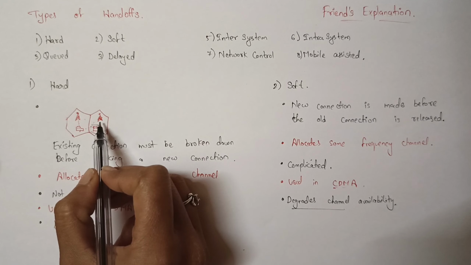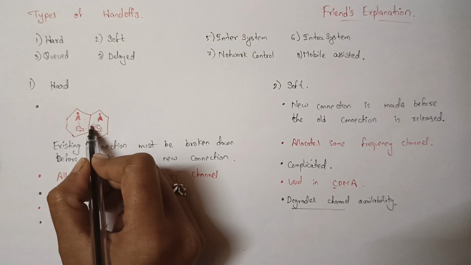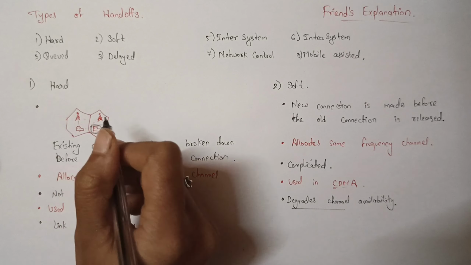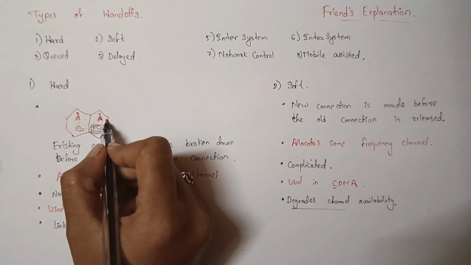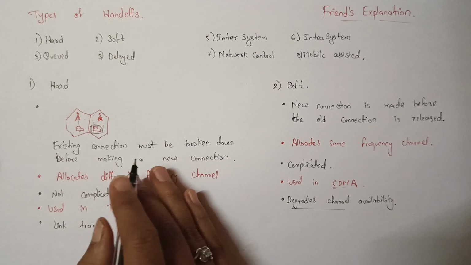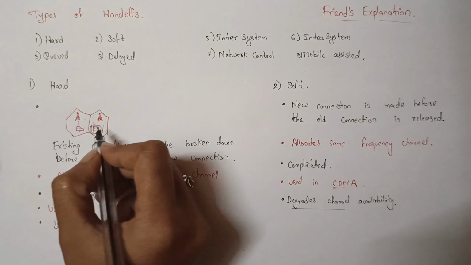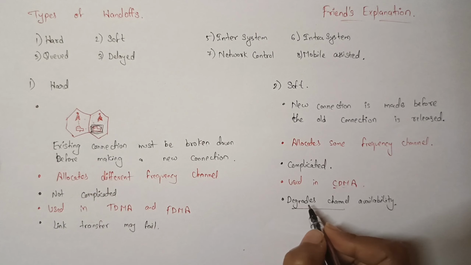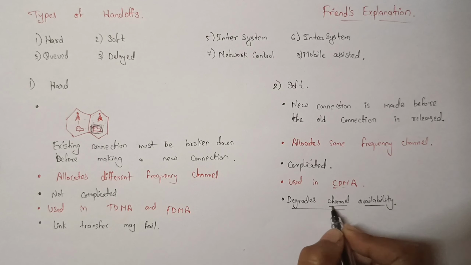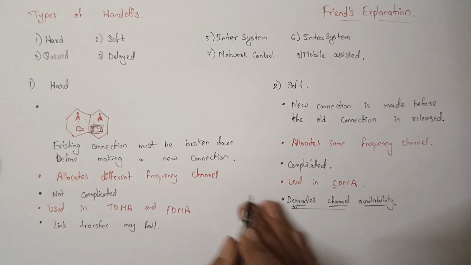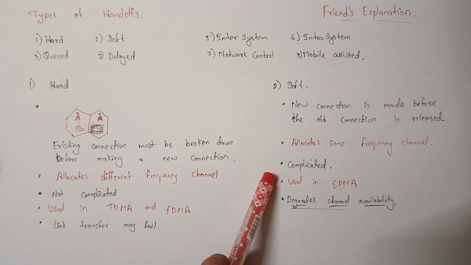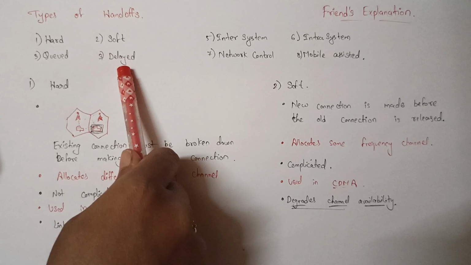So all the channels will get busy in allocating the channel to this mobile, and the mobiles which are under this cell only, which are not meant for handoff, those channels will also get busy for allocating the channel to this device only. So the channel availability will degrade. That is the meaning of saying this sentence. So these are few differences between hard and soft handoff. Now let's go to queued and delayed handoff.